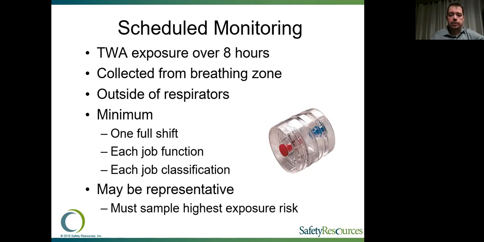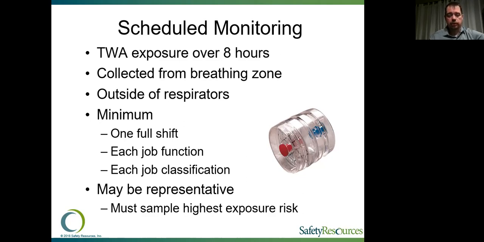I can have representative sampling where multiple people are performing the same job task, and as long as they're doing it the same way, I don't have to sample every single employee. I just have to make sure that the employees I am sampling are those at the highest risk of exposure, rather than the employee performing that work with minimal risk.